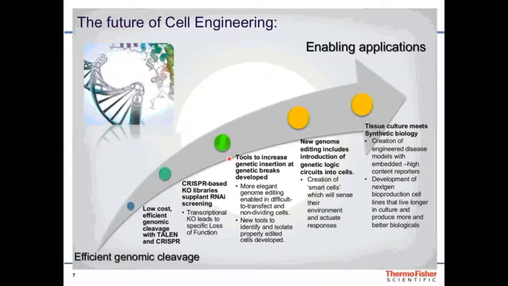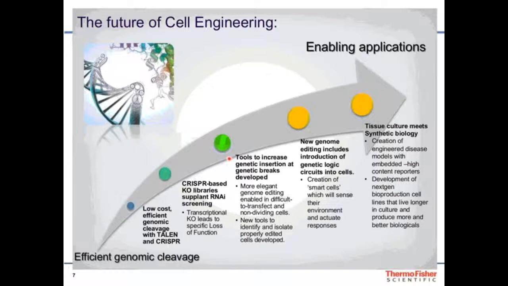Secondly, we look at the emergence of these editing tools and how efficient they are. We're looking at the next real pain point in the workflow, and that would be increasing the efficiency of insertion of our donor DNA or our repair into the genome at these double-stranded breaks.